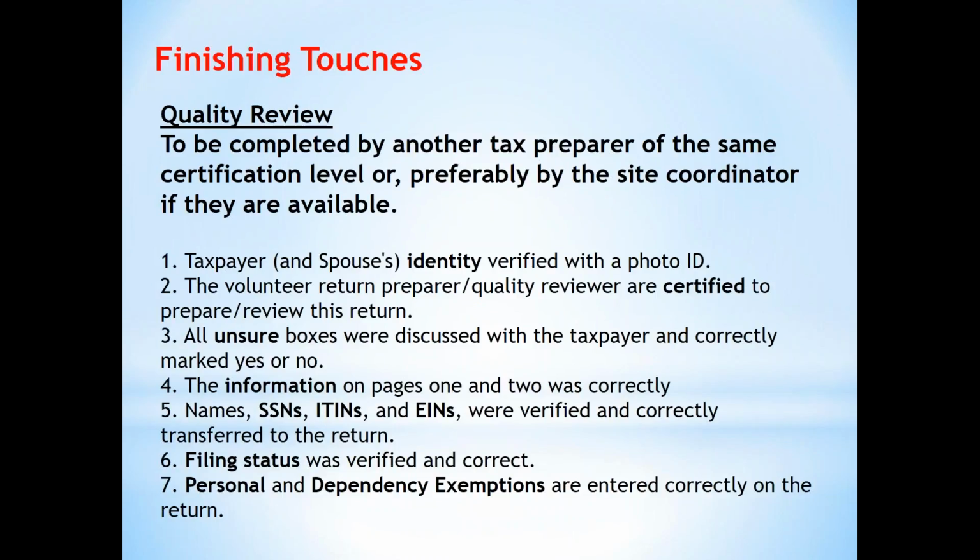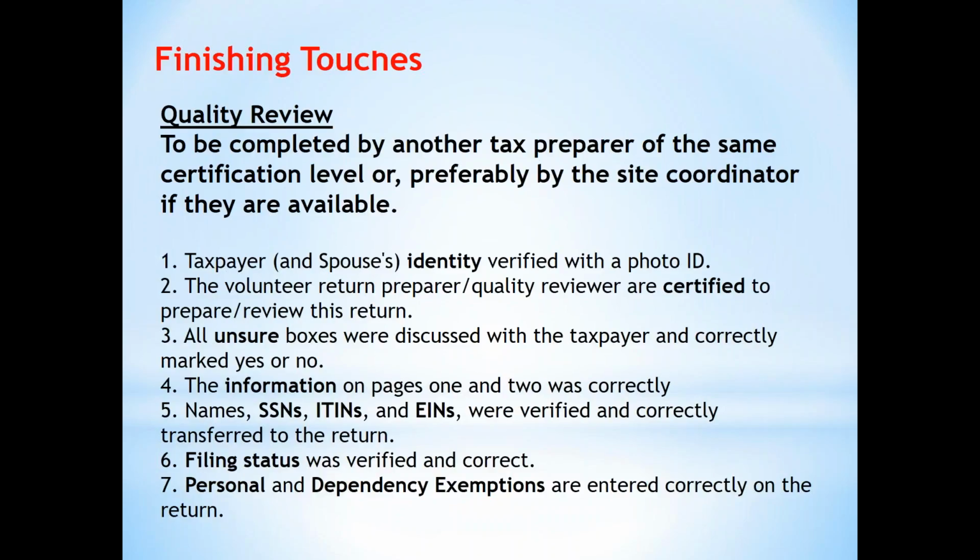Once you think you've gone through all the information, you've touched everything you can on that intake and interview form, and you think the return is completed, you'll want to go through, as the tax preparer, a quick little quality review process before you have a quality review done. That quality review sheet can be accessed on the intake and interview form.